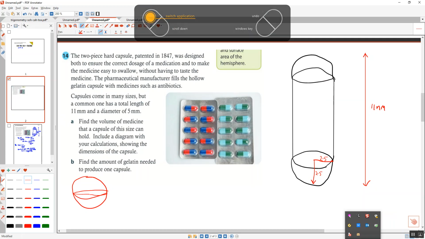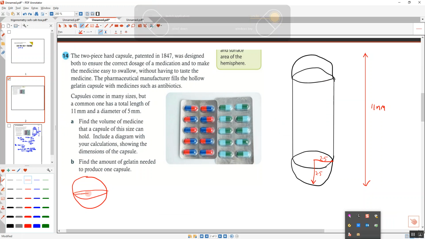If the diameter is 5 across here, that means the diameter from top to bottom is also 5, so the height of half the circle is going to be 2.5. 2.5 for the top, 2.5 for the bottom, which would give you your total of 5.